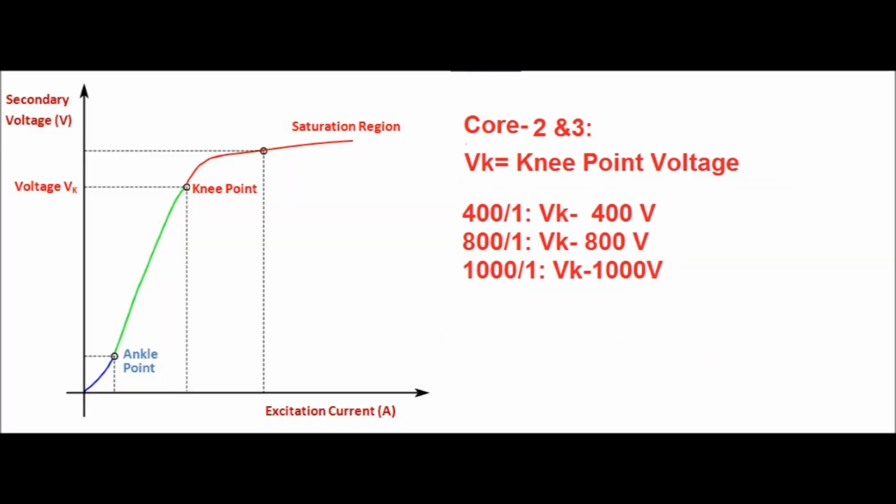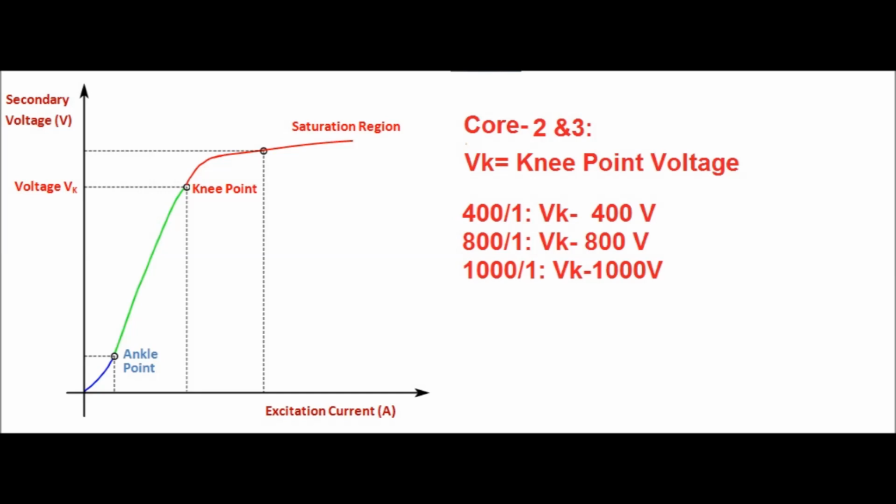Next the knee point voltage. Knee point voltage, that is VK, is mentioned for each CT ratio for each protection class core. For 400/1 CT ratio, VK is 400 volt, and for 800/1 CT ratio it is 800 volt, and for 1000/1 it is 1000 volt. Now what is the knee point voltage?